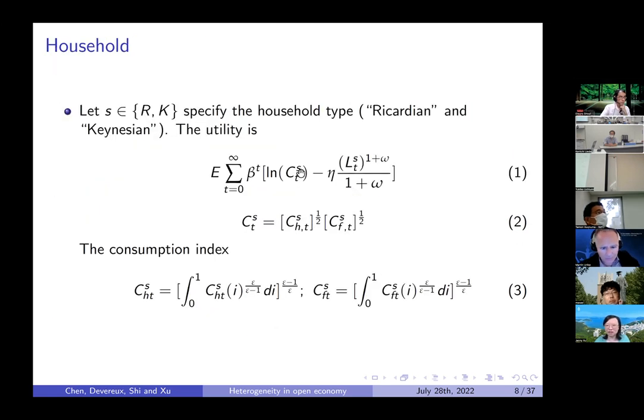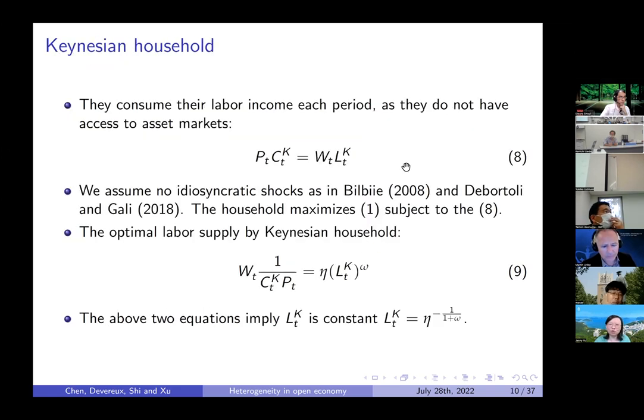We just changed this superscript S into K. Okay, but then one interesting thing is that given that they don't have access to the financial market, if we get the optimal labor supply function and then we combine this with the budget constraint, we are going to get that actually the labor supply of the Keynesian household is going to be constant.